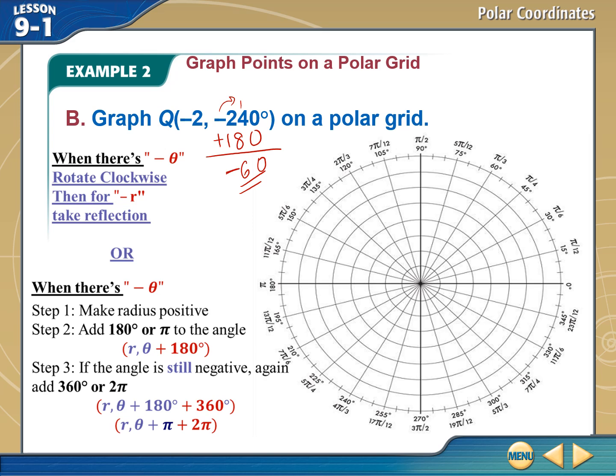I don't want the negative sign, so I will add 360 degrees to it. So -60 plus 360 gives us 300 degrees. At 300 degrees, where is it? 300 degrees is here. Find R equal to 2, 1 and 2. This point is known as -2, -240 degrees.